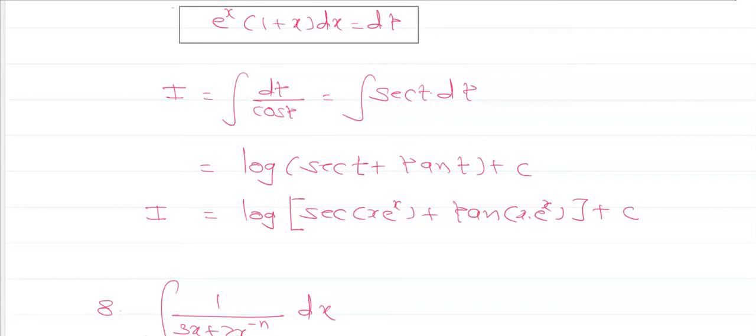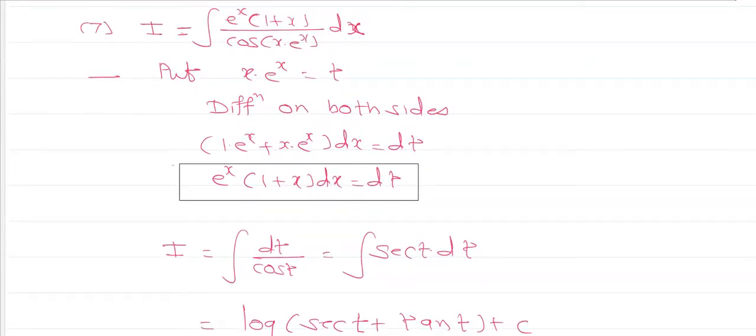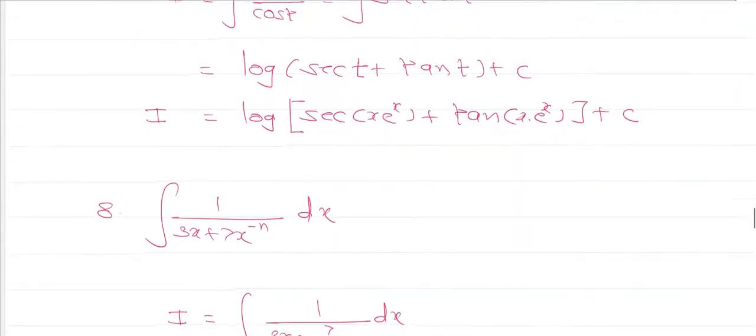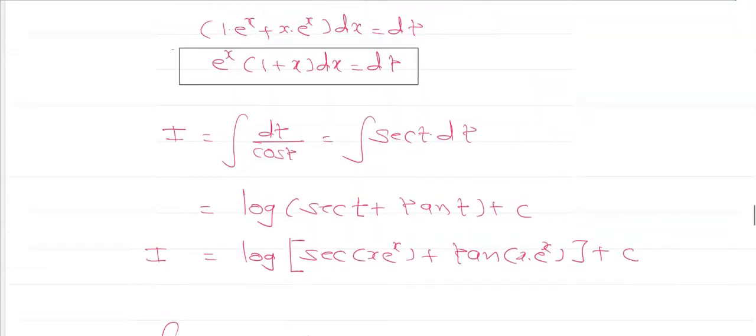Now again replace the value of t. What is the value of t? x into e raised to x. This is the value of t. Therefore t is replaced by x into e raised to x, giving log of sec of x into e raised to x plus tan of x into e raised to x plus c. And this is our final answer.